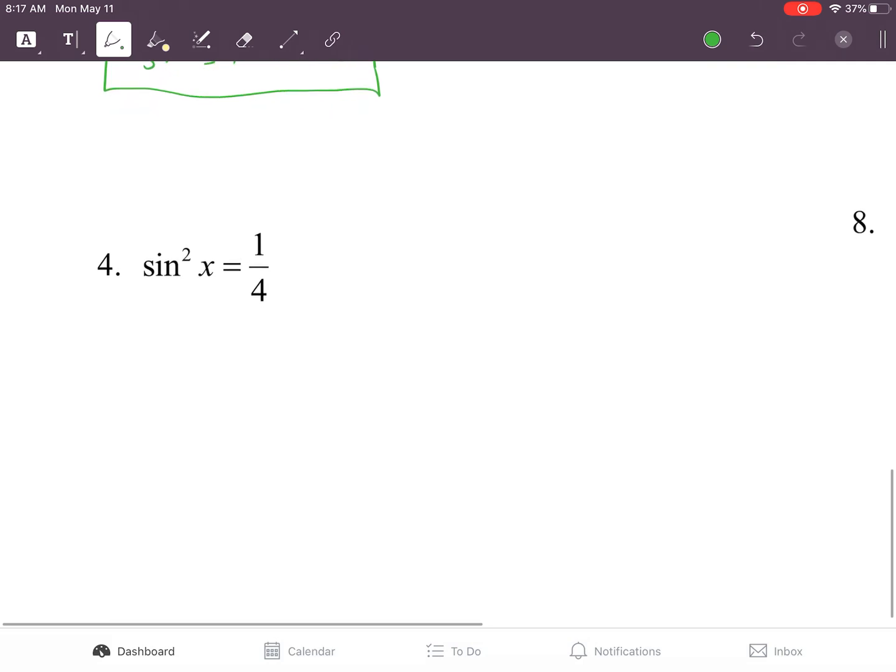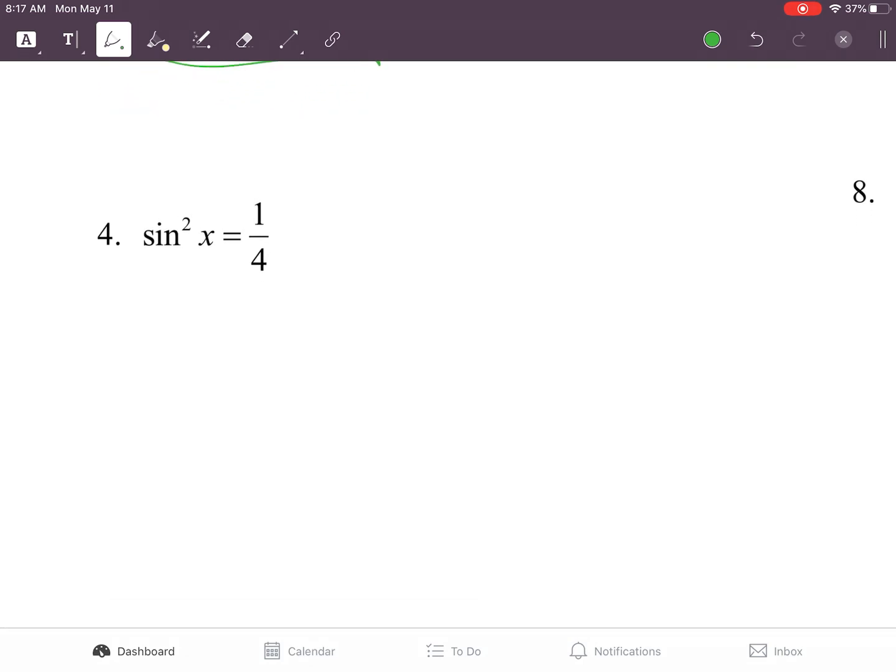All right, same idea here. We have sine squared of x equals 1/4. So we're going to square root both sides. Sine of x is going to equal, now remember what we just said, since you square rooted both sides, you've got to put plus or minus. The square root of 1 is 1, and the square root of 4 is 2.